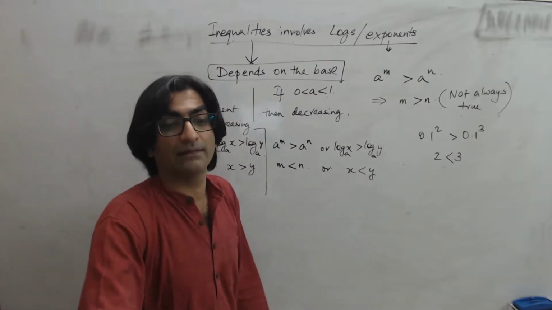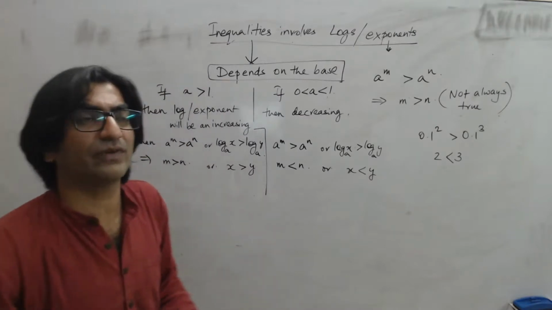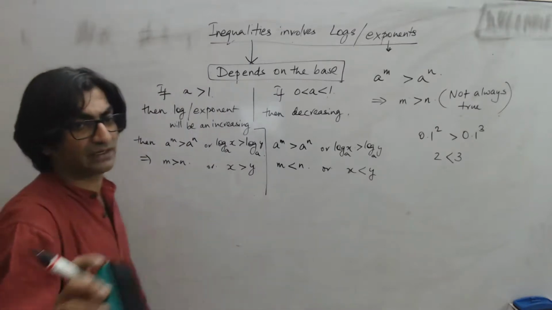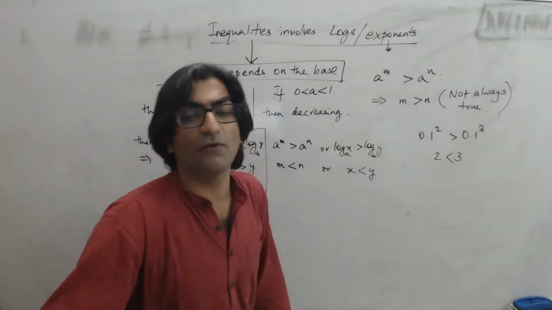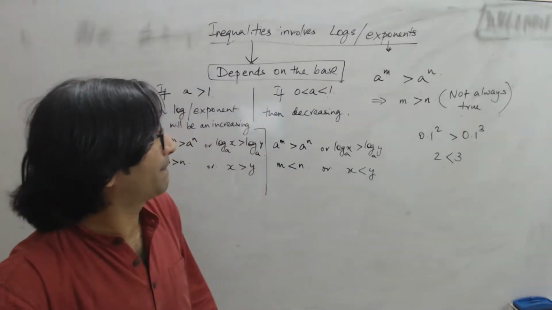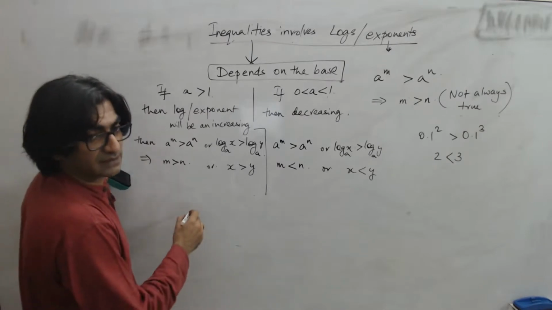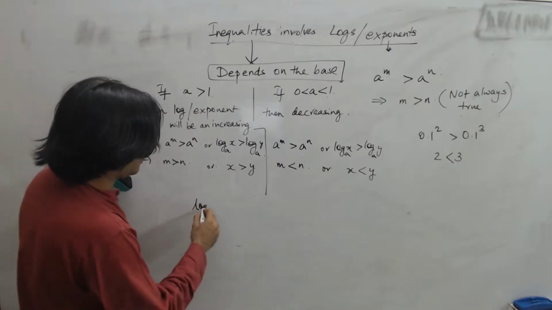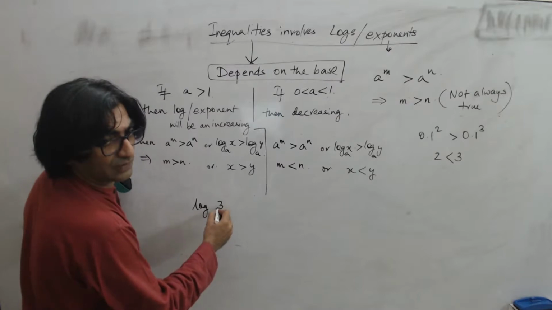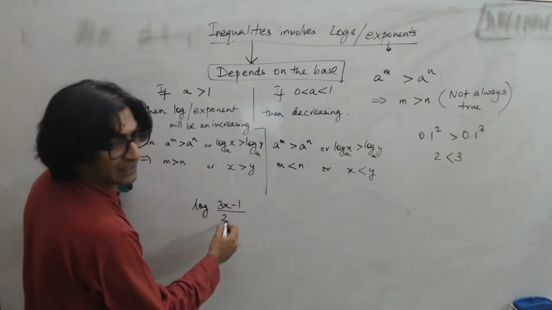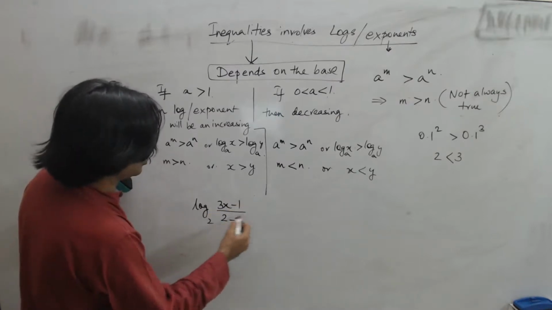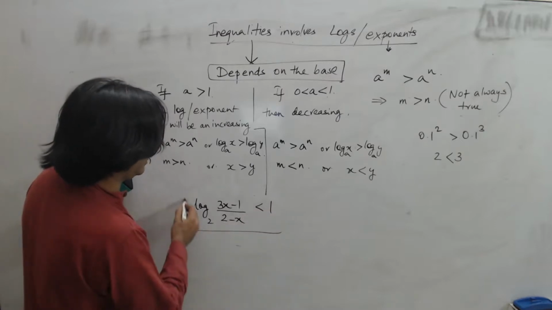Which basically means that there will be a set of questions where you can use this. Look at question number 45. It starts with log of (3x minus 1) divided by (2 minus x) in the base 2 less than 1. So you have an inequality.